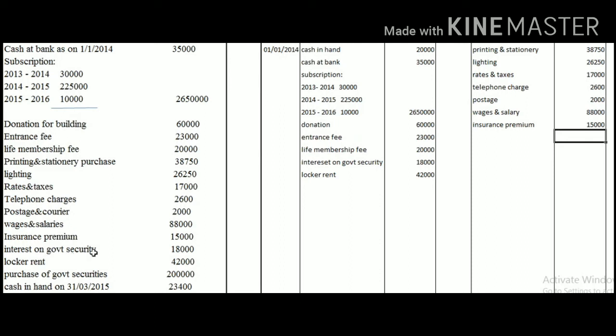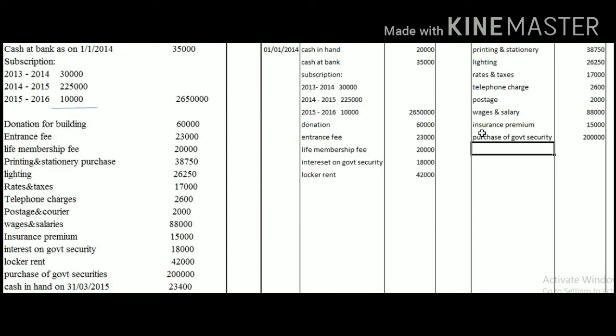The next item, purchase of government security. Purchase of government security is the purchase of a fixed asset. So purchasing a fixed asset is a capital expenditure. What is the amount of purchase of government security? It is 2 lakh.